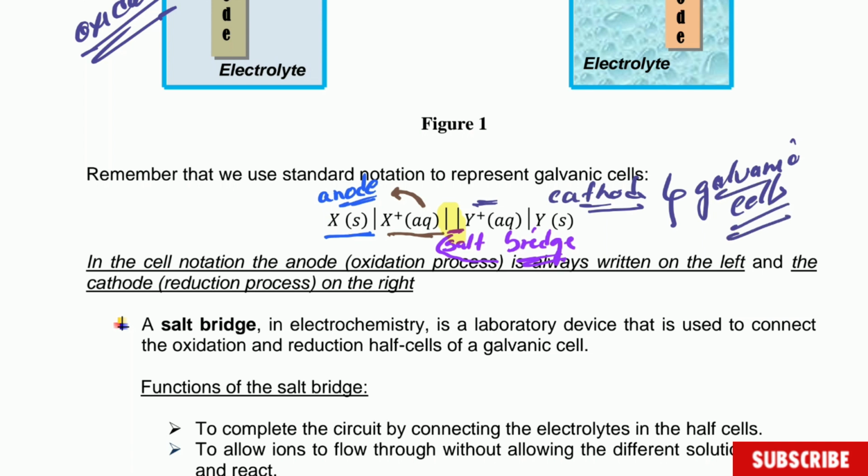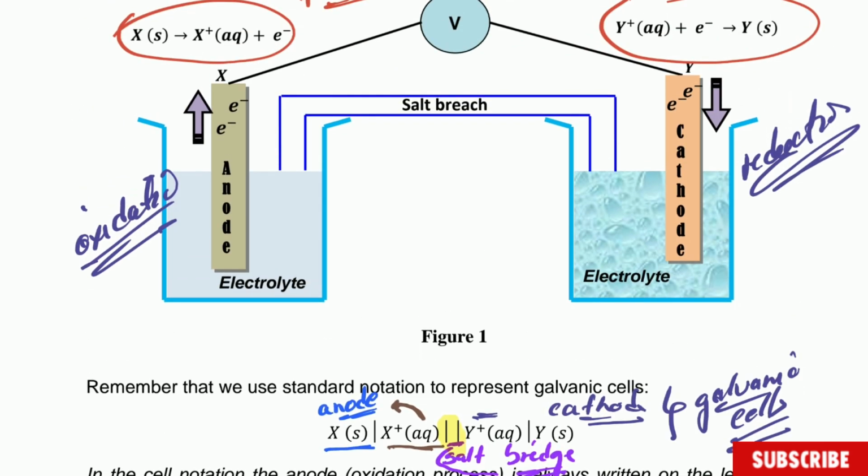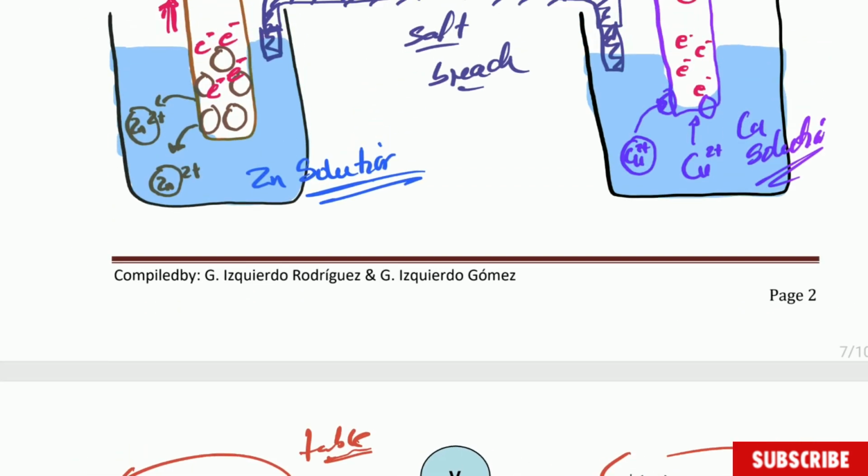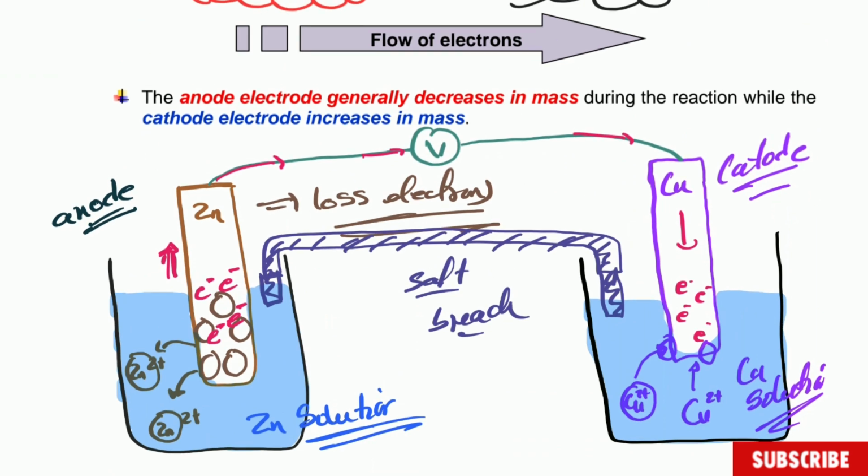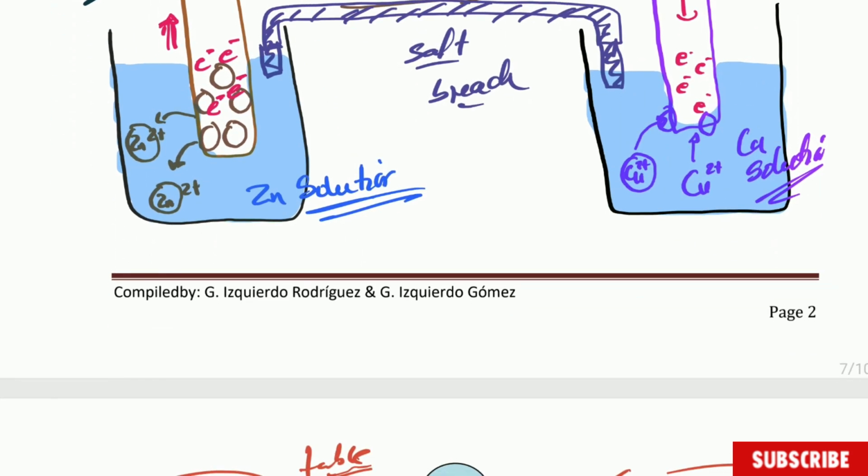It's quite simple. Okay, so in this case, if we do the one we spoke about here for zinc and copper, for example, the cell notation could be Zn, slash, or one line, Zn 2 plus, and this one is 1 mole per cubic decimeter.